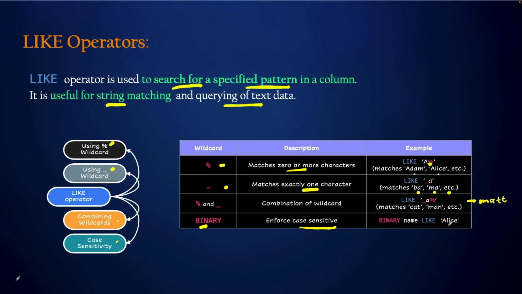If you want exactly this pattern, where the first letter is capital and after that you need small letters, and you want the word Alice, then you will write BINARY. You are enforcing case sensitivity here, then your column name, and after that the LIKE keyword and your pattern inside it.